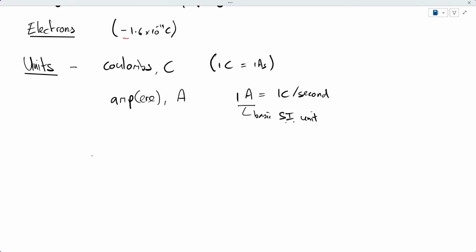It can be annoying, but if you imagine two tubs of charge, this one contains 10 coulombs and this one contains 10 coulombs.